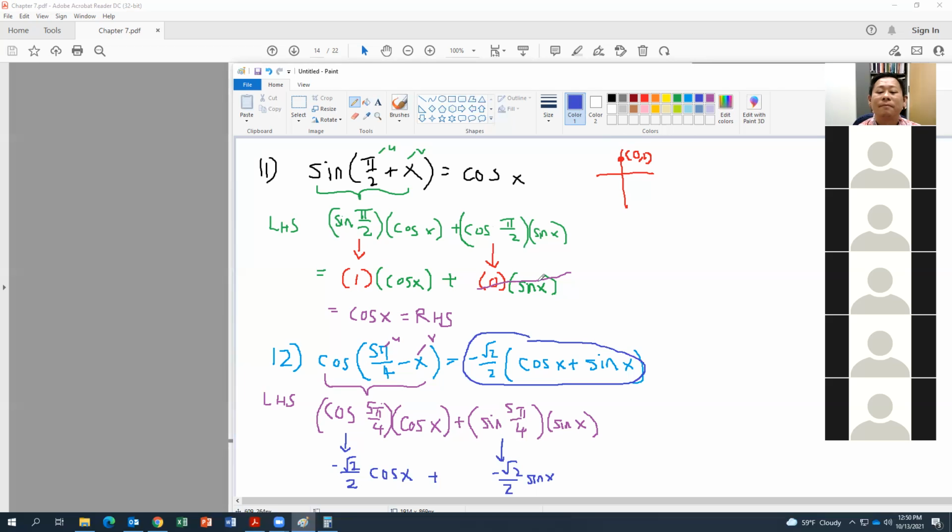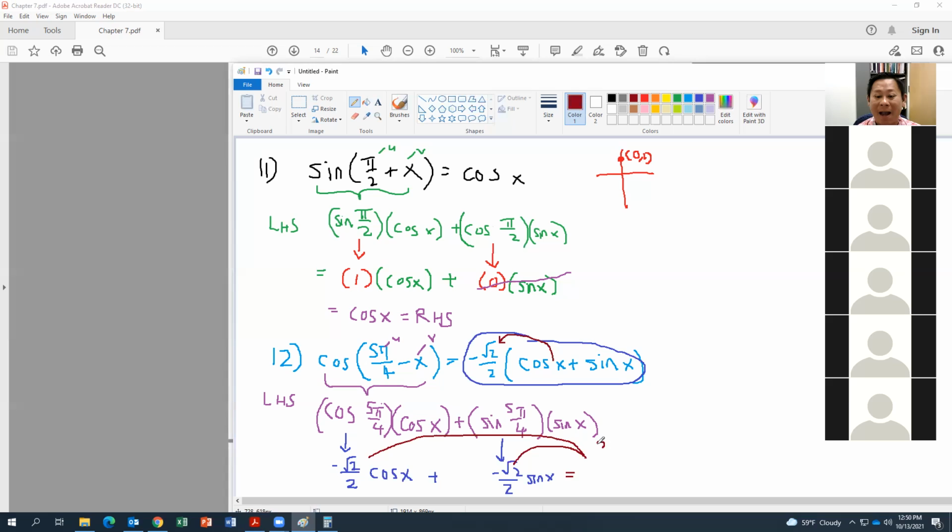Are you supposed to distribute the other side? Instead of distribute, what's the opposite of distributing? When you take this and put it all back in here, what do we call it? It's a factor.